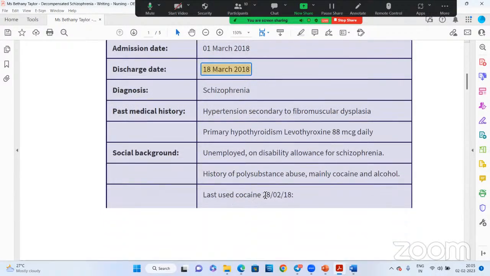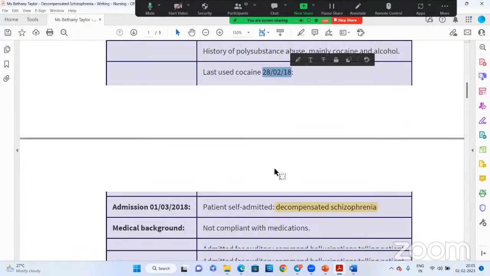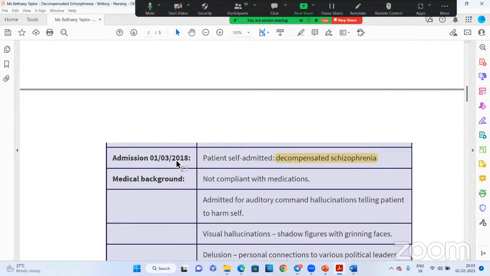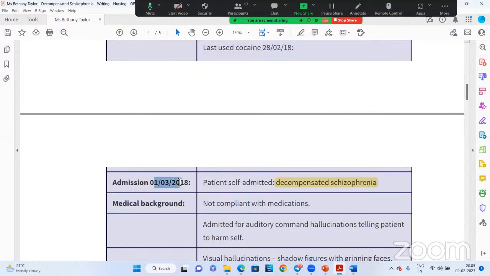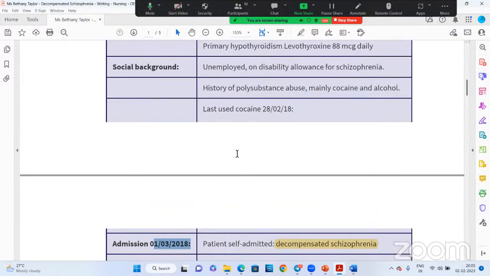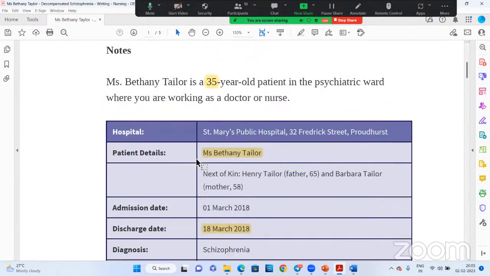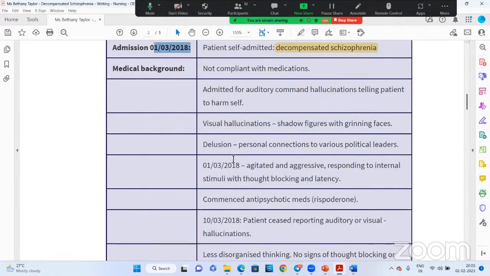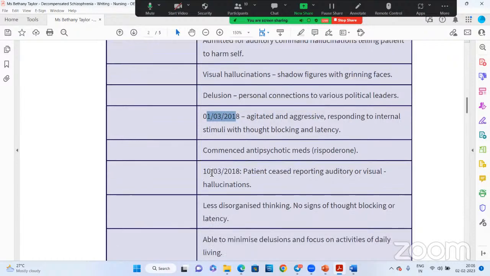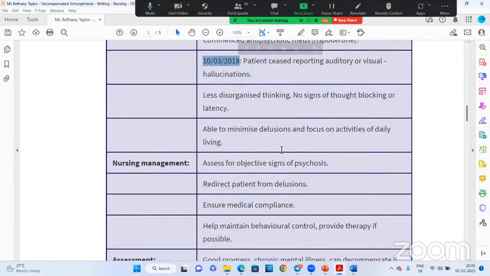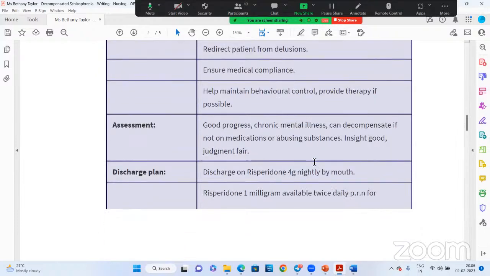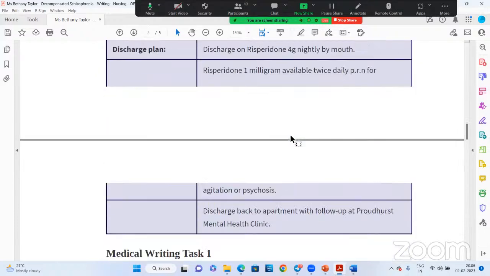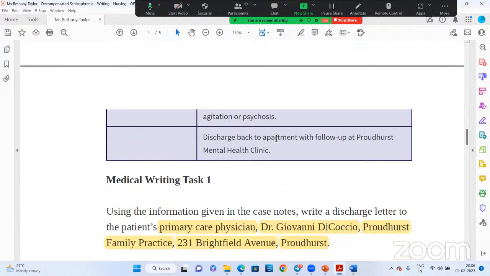This is different. Admission date. Okay. This is one date. This is another date. So nowhere else is a date. Okay, so there is no date.